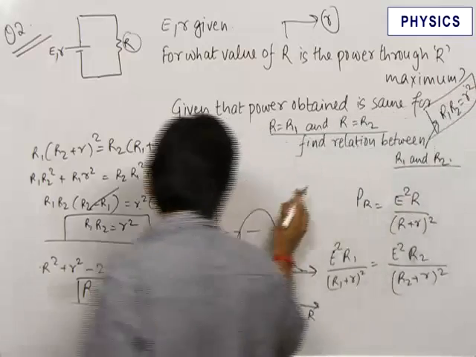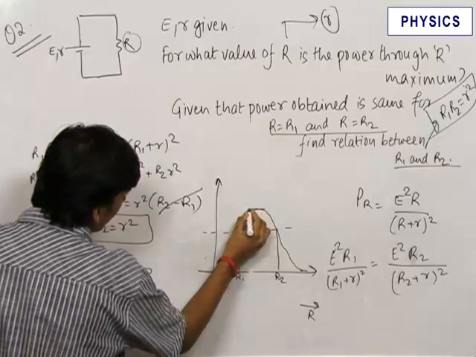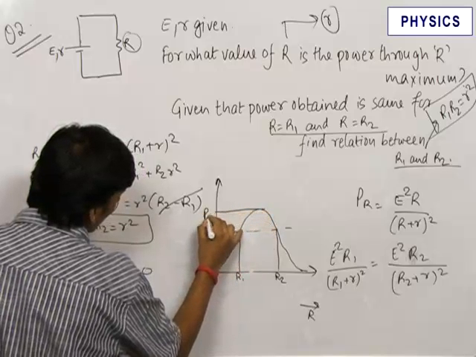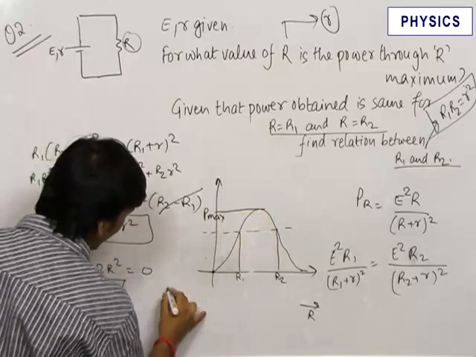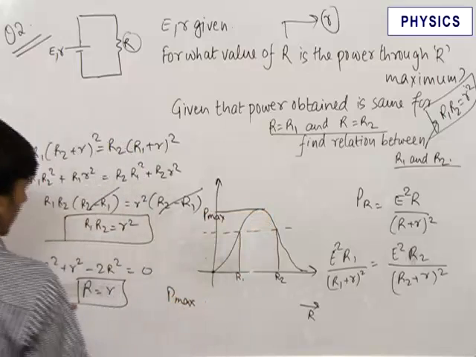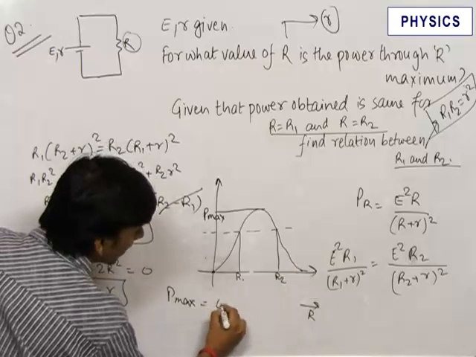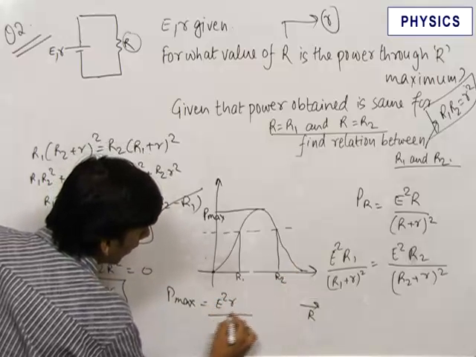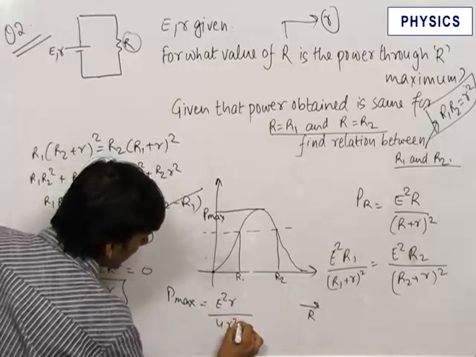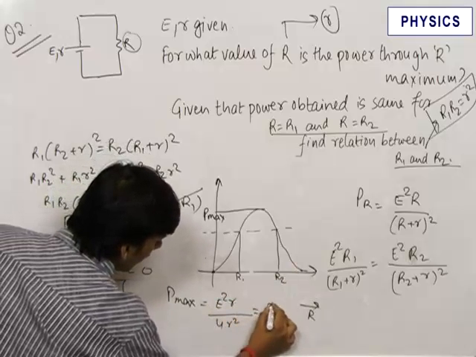Another thing which you should remember is that the value of maximum power, P max, comes for capital R is equal to small r, and putting capital R is equal to small r over there, we get E square into r upon 4r square, that is equal to E square upon 4r.